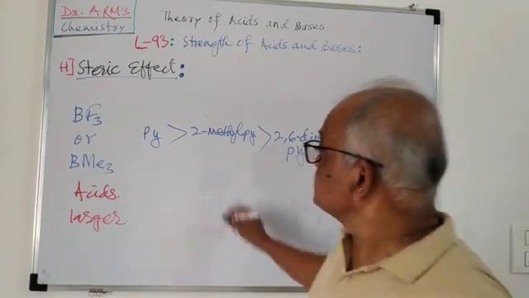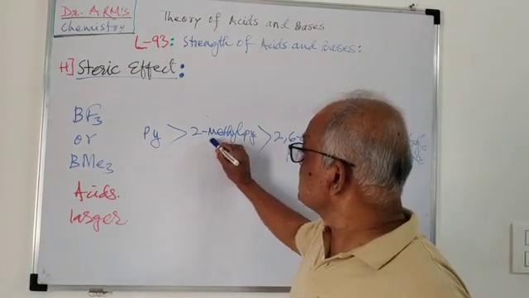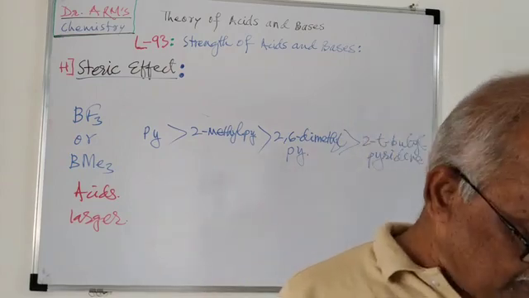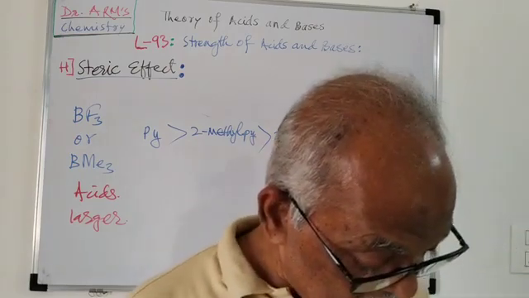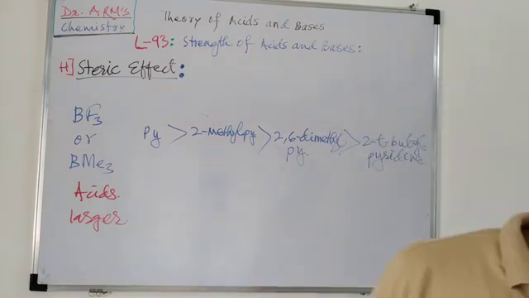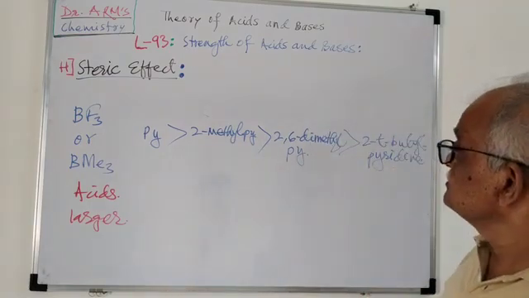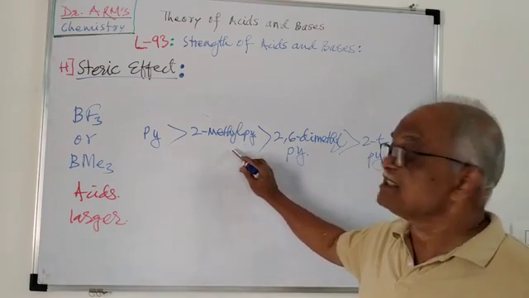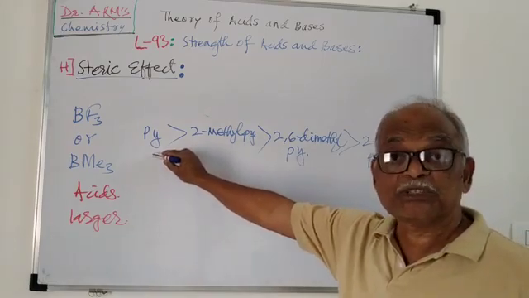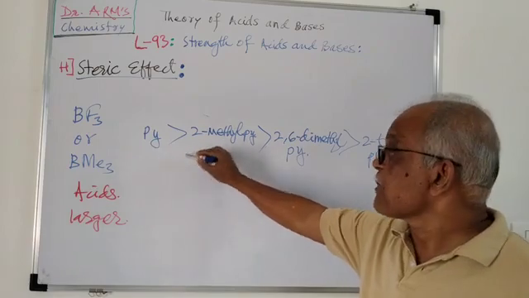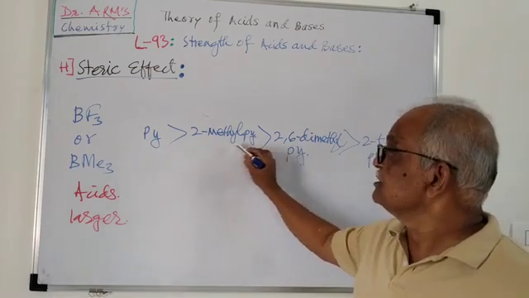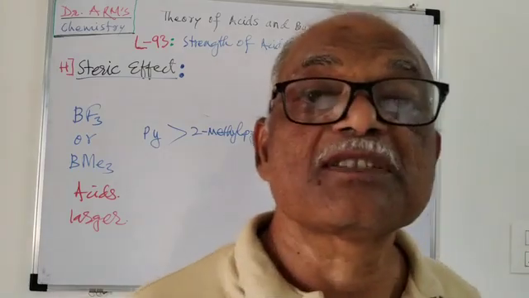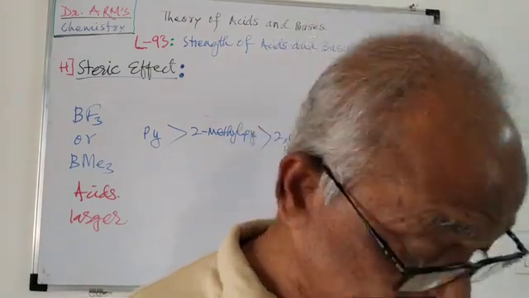So if the groups are present at 2, that is the ortho position, then they have more interfering effects. So 2-methylpyridine has less basic strength compared to pyridine, because the methyl group at the ortho position shows a stronger steric effect.